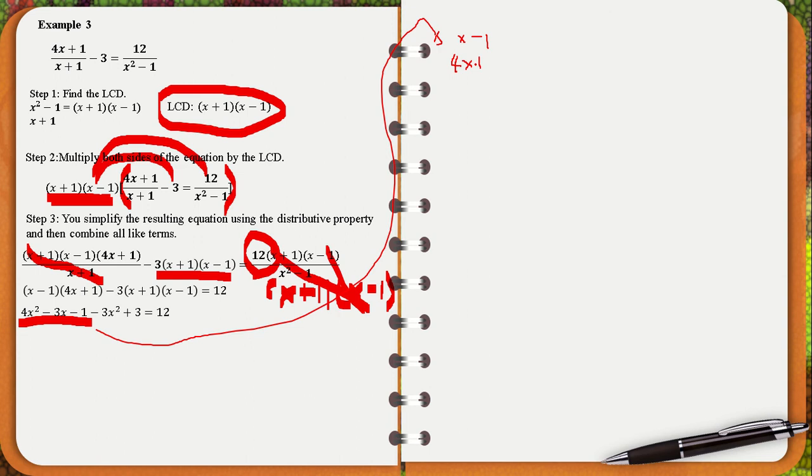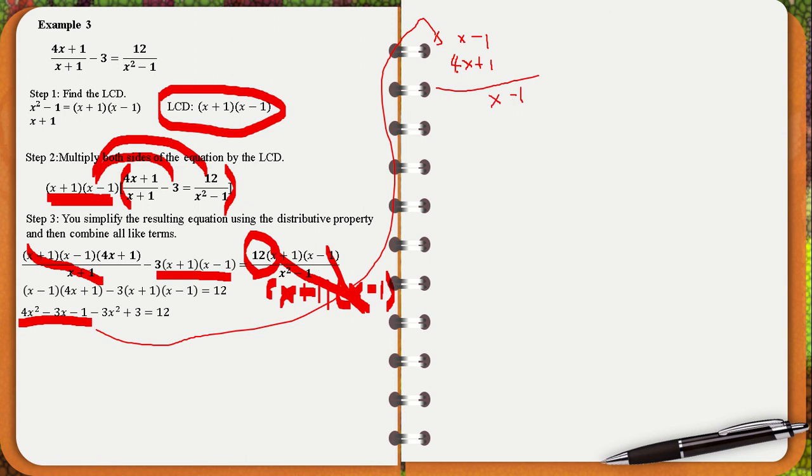Ganito po, 1 times negative 1 is negative 1. 1 times x is x.